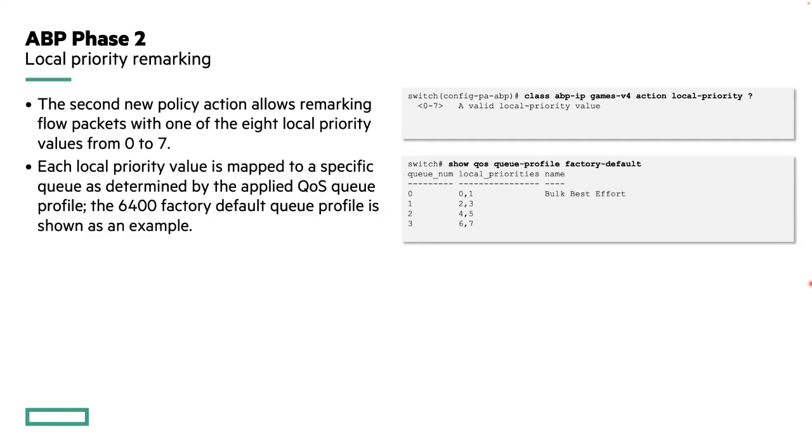So I have an example of the factory default queue profile on a 6410 V2 switch. You can see we have 4 queues by default, and 2 local priorities mapped to each queue: 0 and 1 go to queue 0, 2 and 3 go to queue 1, 4 and 5 go to queue 2, and 6 and 7 go to queue 3.